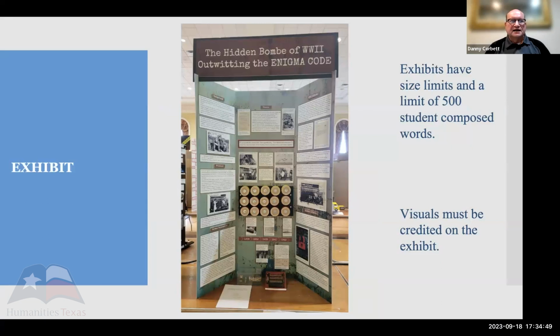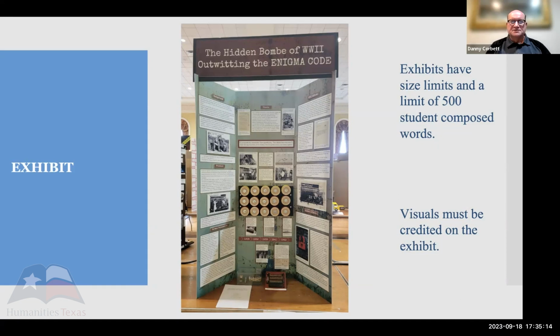Okay. Second category, exhibits. They have a size limit, and you'll see this in the rule book. The size limit's no more than 40 inches wide, no more than 30 inches deep, and no more than 6 feet tall. So they have those size limits. So you think about it being on a tabletop. Tables are typically about 30 inches wide.